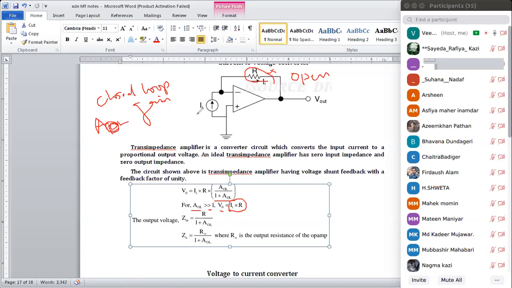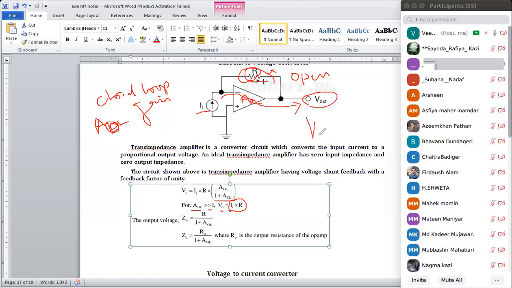So in this fashion, the input current I flows through a resistance, and with the gain of this amplifier, AOL, we get the output.